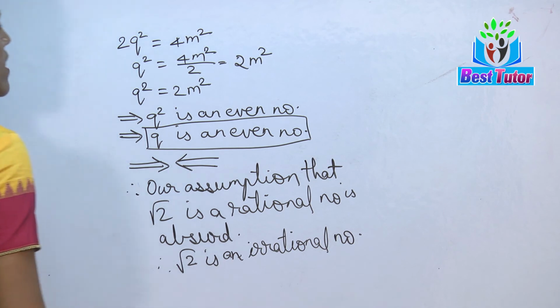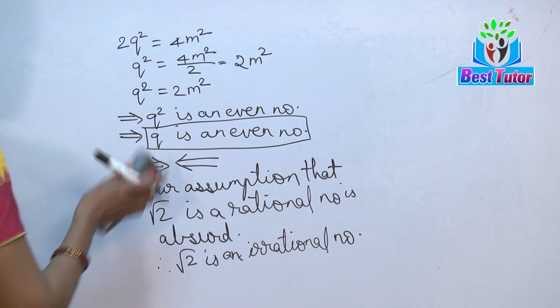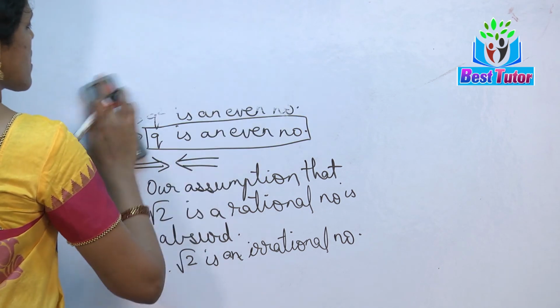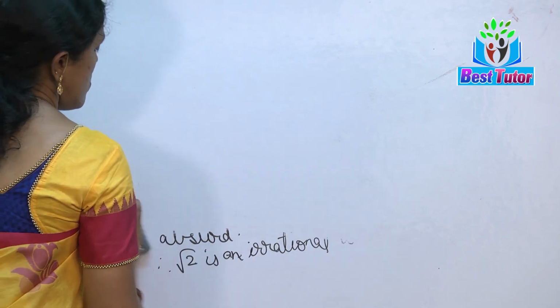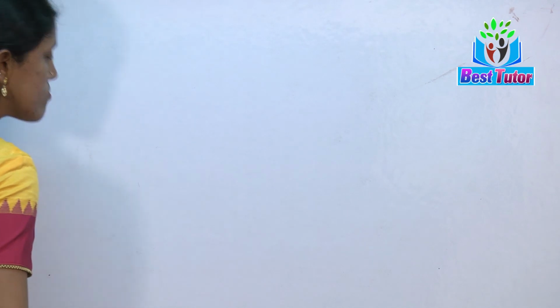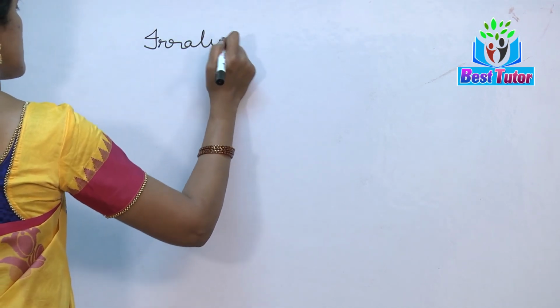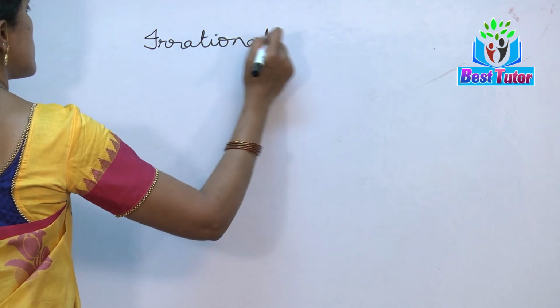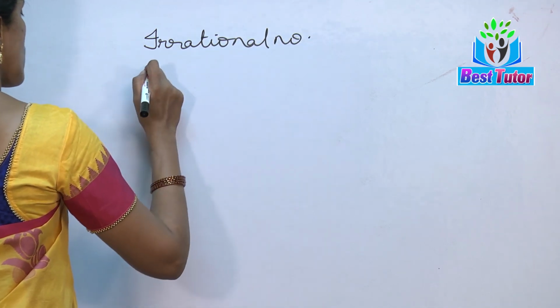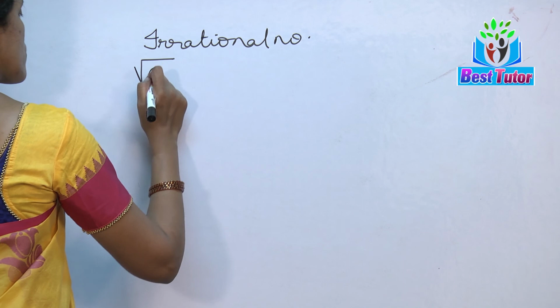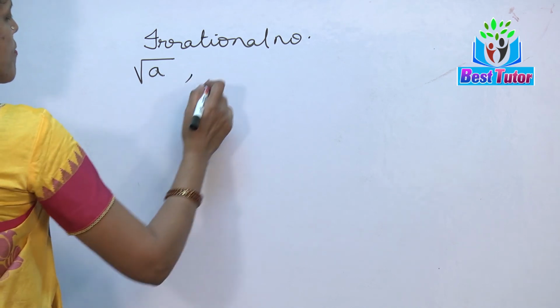Similarly, we can prove that root 3, root 5, root 7, and so on are irrational numbers. So we came to a conclusion that the set of irrational numbers consists of all the square roots of non-perfect squares.